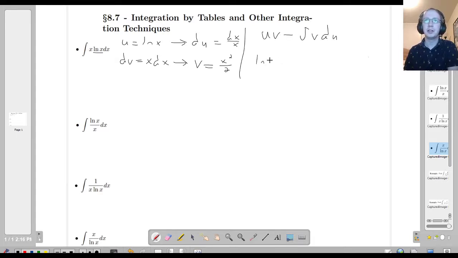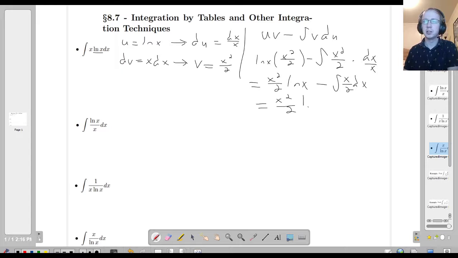That's going to be ln x times x squared over 2 minus the integral of x squared over 2 times dx over x. So in other words, x squared over 2 ln x minus the integral of x over 2 dx, which becomes x squared over 2 ln x minus x squared over 4 plus C.